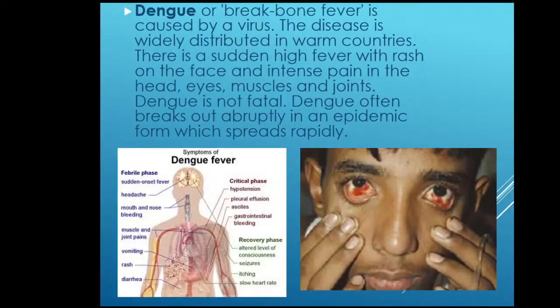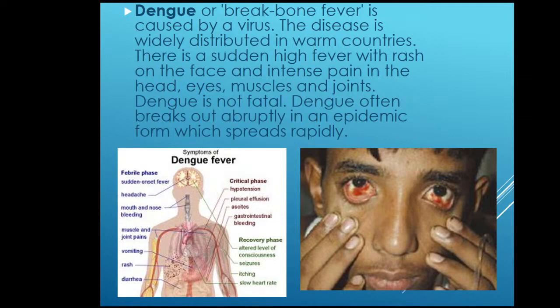Dengue fever or black-bone fever is a viral disorder too. The disease is widely distributed in tropical and subtropical regions. People are infected by bites of mosquitoes Culex, Aedes, and Anopheles.